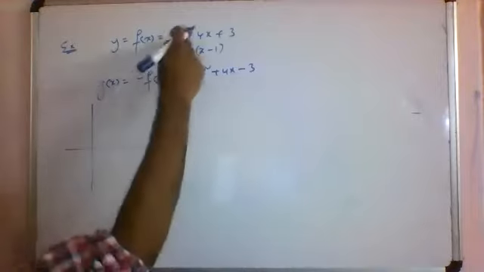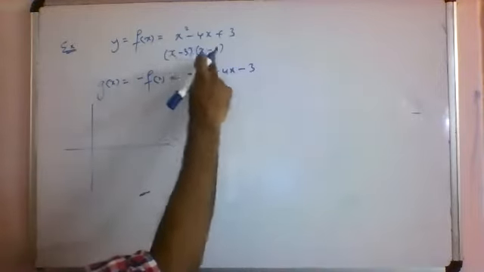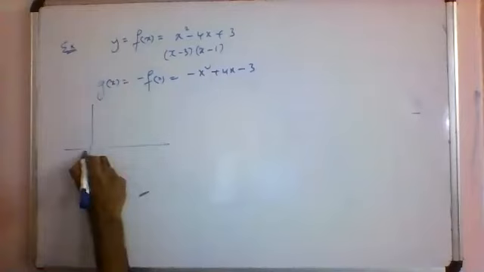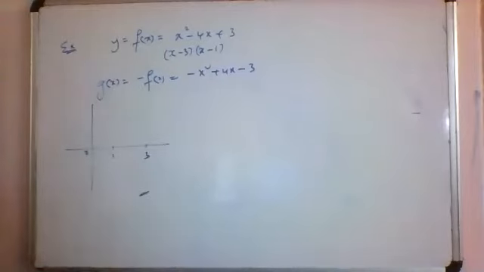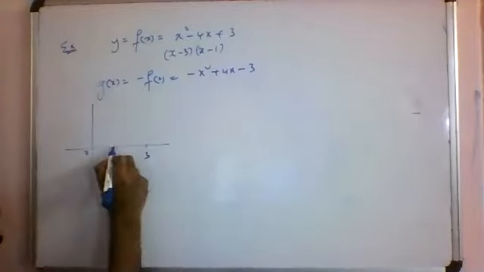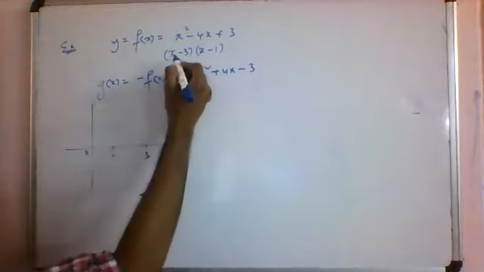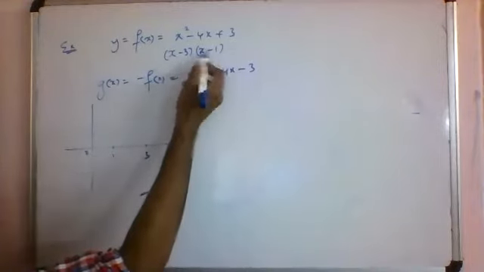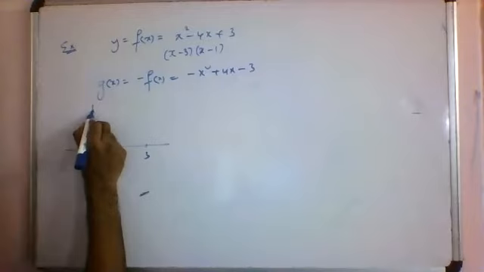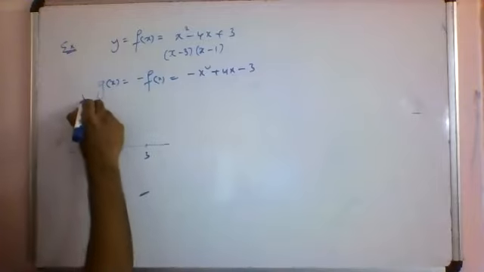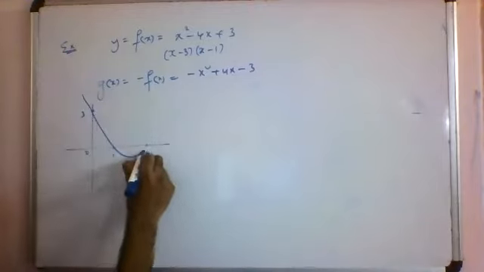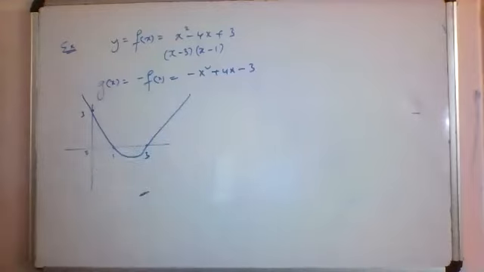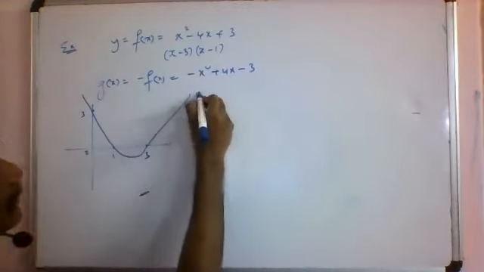If you observe, this is the up open parabola with x intercepts at 1 and 3, and if I put x is equal to 0, the y intercept is 3. So somewhere here 3. So the graph must be like this. This is the graph of y is equal to f of x.